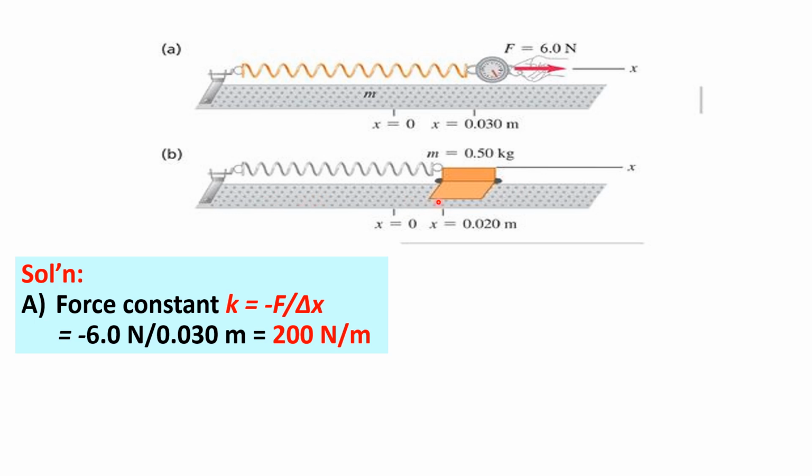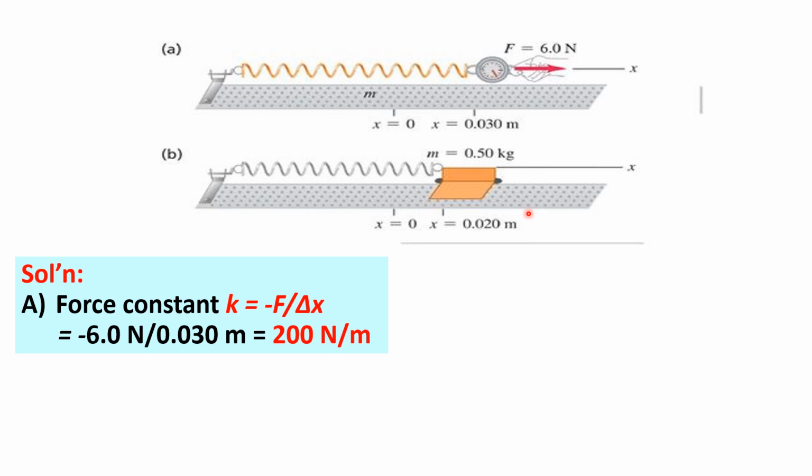This happens because the air track produces no frictional force. And so, without friction, the body will simply oscillate or vibrate left and right, left and right, like a simple harmonic motion. And that's exactly what we are asked to determine.